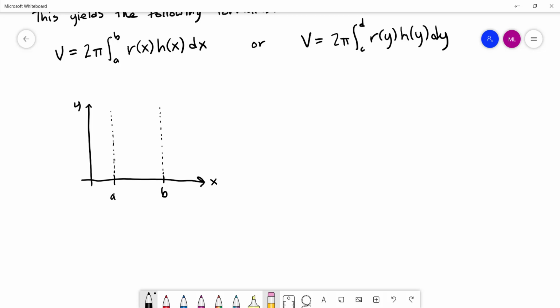And maybe I have a lower bound here, and maybe the upper bound is curved and does something like this. And so this is ultimately the region that we're interested in, and we are rotating it about the y-axis. So it would make sort of a donut shape ultimately, but the donut would be kind of laying flat on the table, if you want to think of it like that.